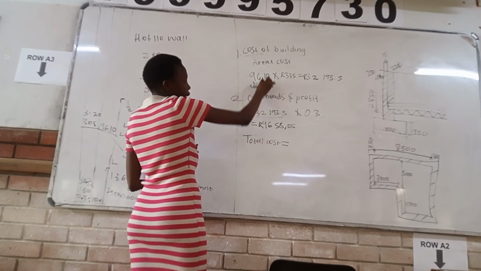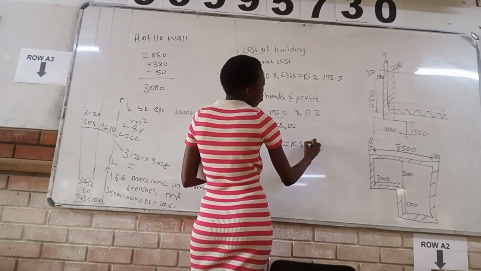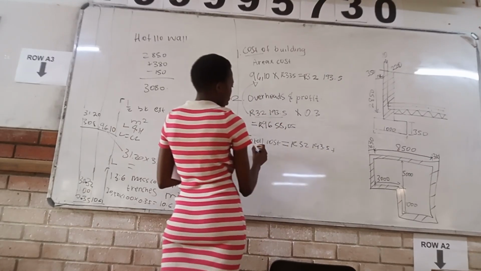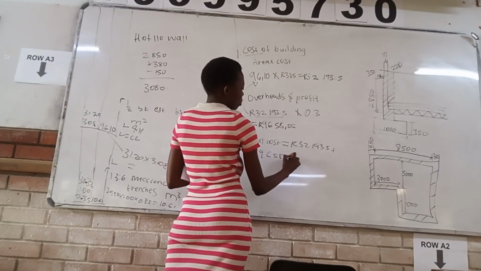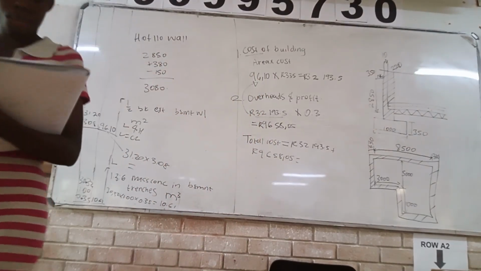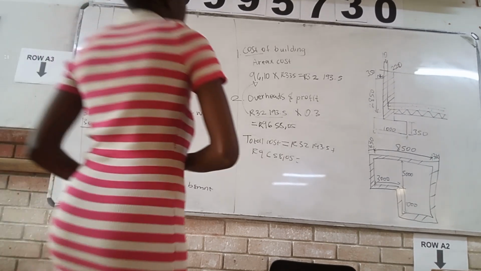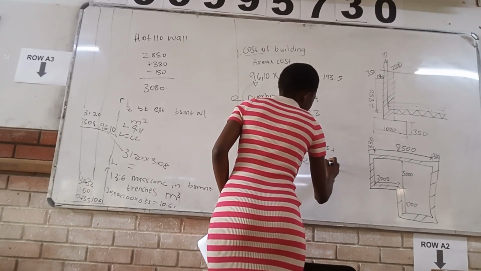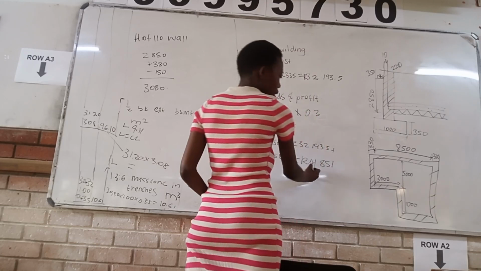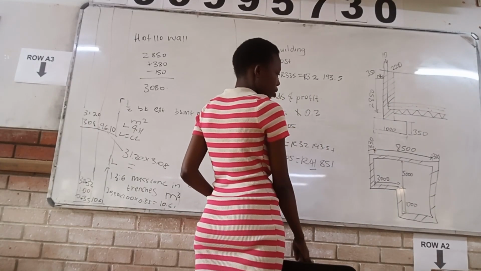So at the end we add them: 32,193,5 plus this one that we got here, which is 9658,05. What do we get? 41,851,85.